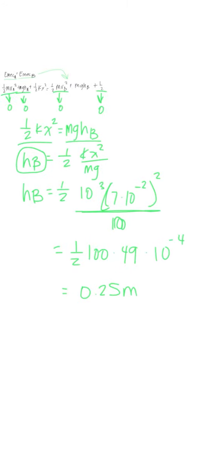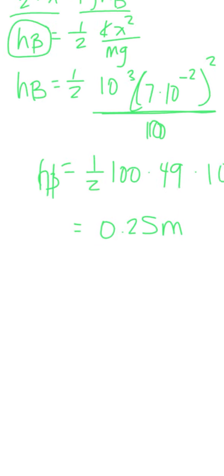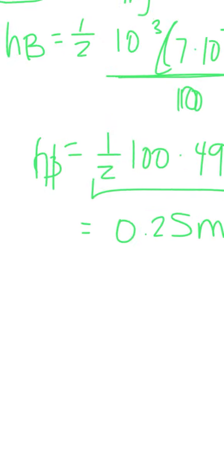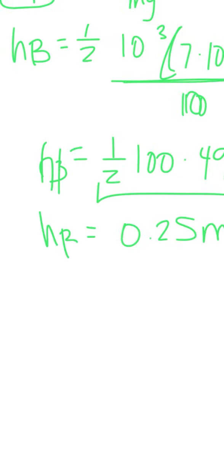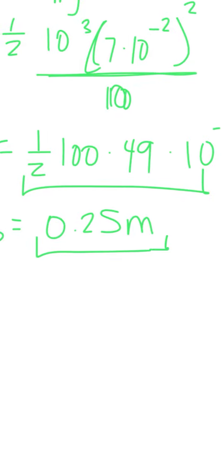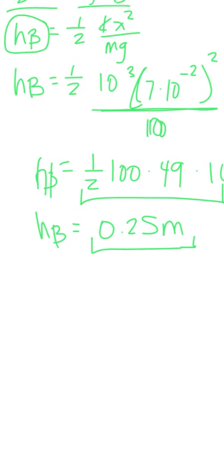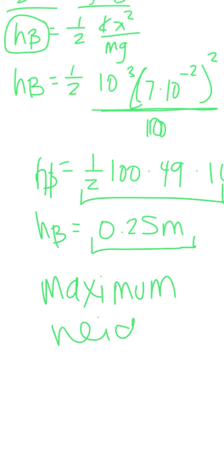So we have that h_b is equal to 1/2 times 100 times 49 times 10 to the negative 4, and once you solve this, you'll get the answer, which is that h_b is equal to 0.25 meters. So that is the maximum height. That's what we just found.